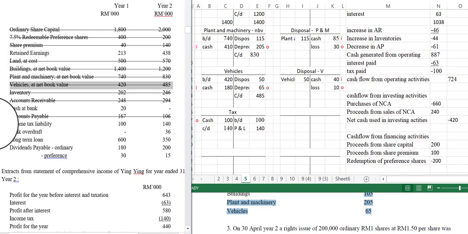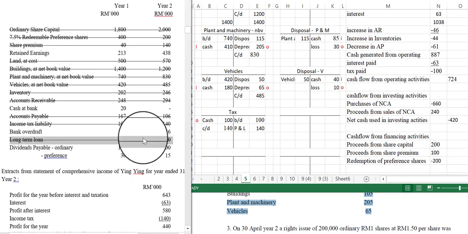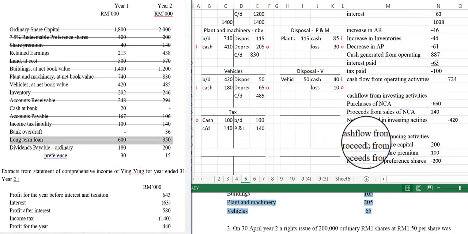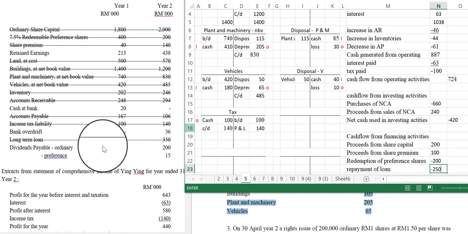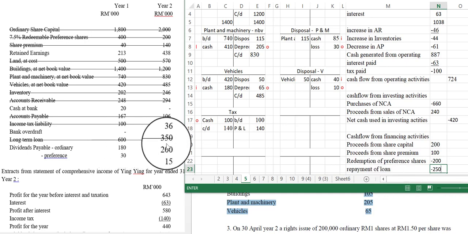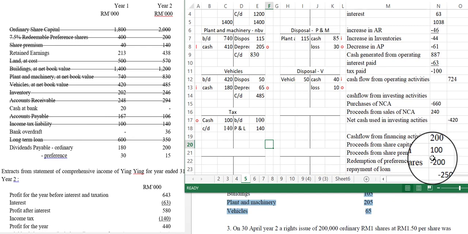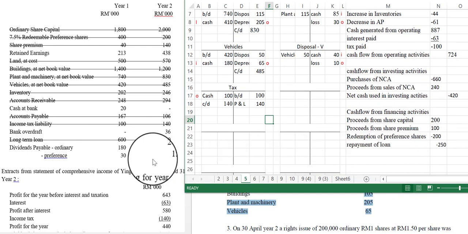Cash at bank we'll use later. Income tax liability we have done with. Bank overdraft. Long-term loan, 600 to 350. So your loan you have paid back, so it's a repayment of loan. Actually, you have been paying back 250, from 600 to 350.